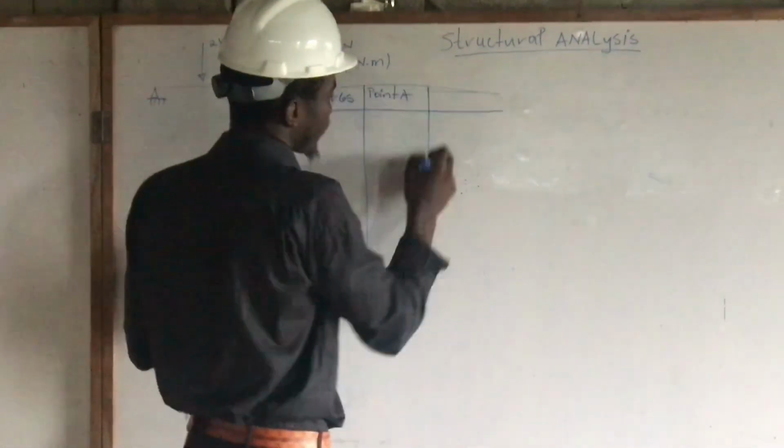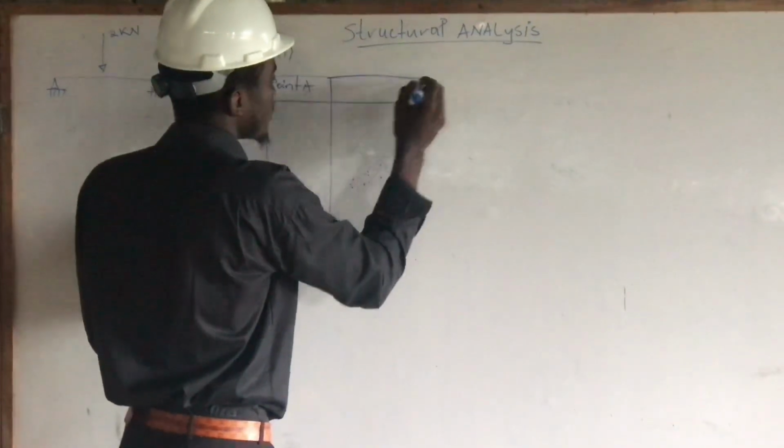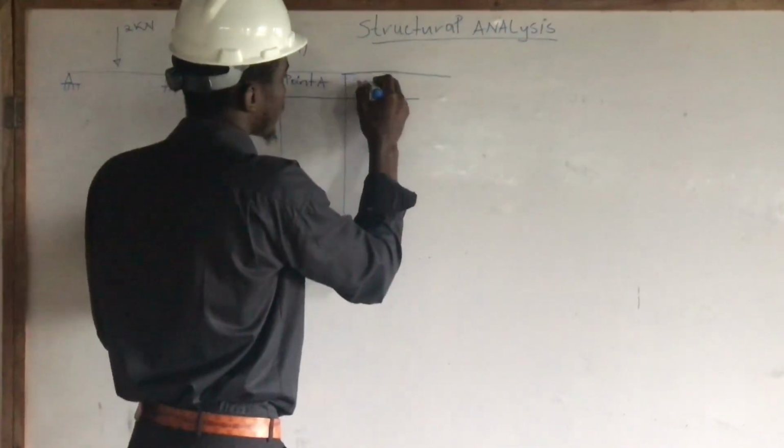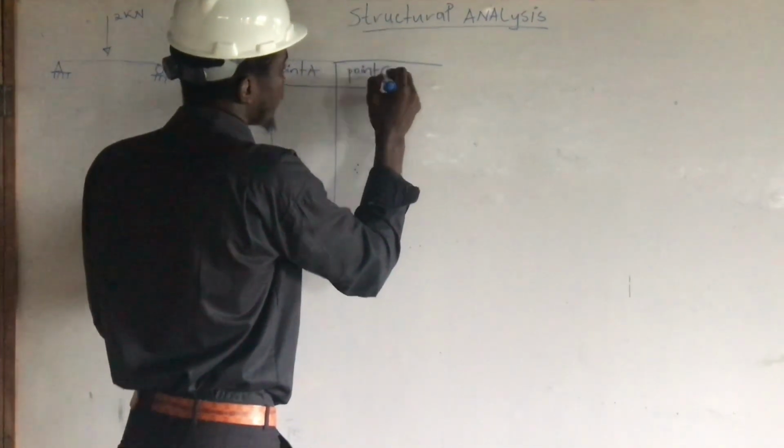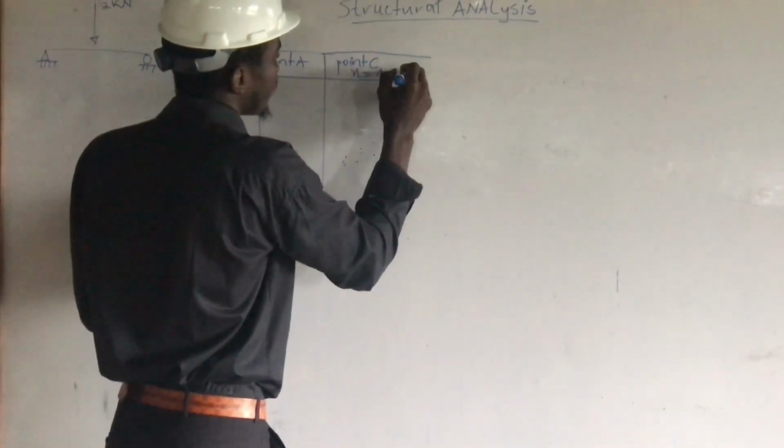Here the point A, here point B, not point B but point C instead. Point C is x corresponding to 1.5 meters.